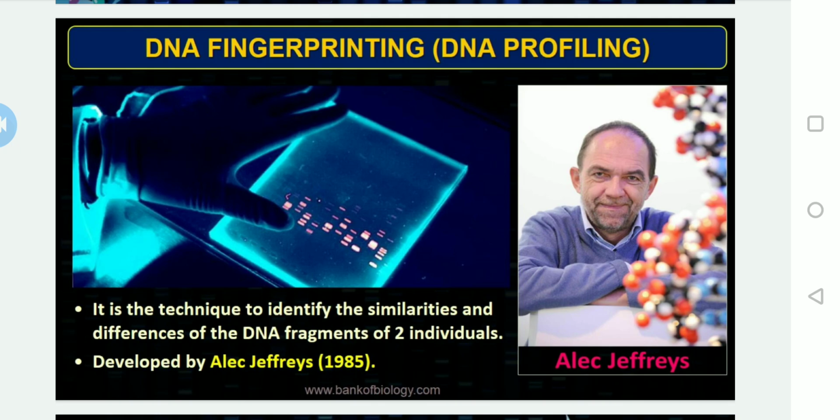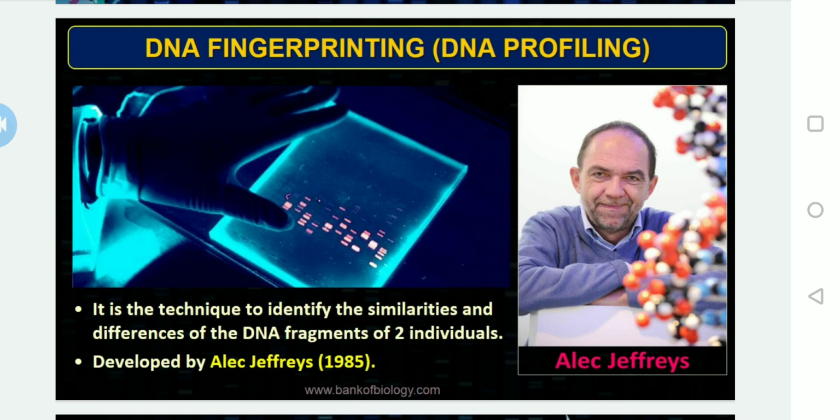Now, the principle behind DNA fingerprinting technology. While we were studying the basics, I told you that DNA contains non-coding DNA. The non-coding DNA, also known as junk DNA of an individual, consists of repeated nucleotide sequences.